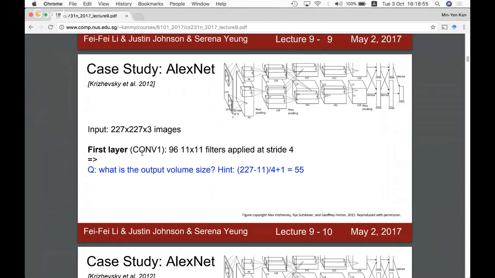Let's get started with the first layer. The first layer is a convolutional layer. The convolutional filter is 11 by 11, with depth 3 because the image has 3 channels, and the number of filters is 96, applied at stride 4. So the question is, what is the output volume size?